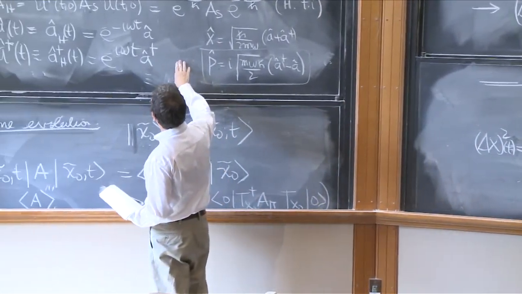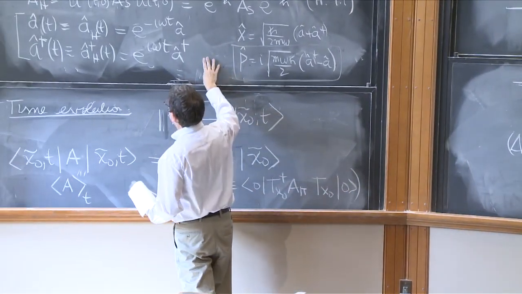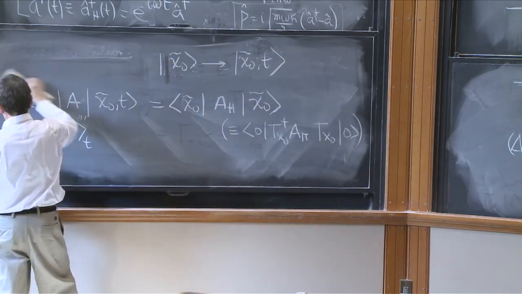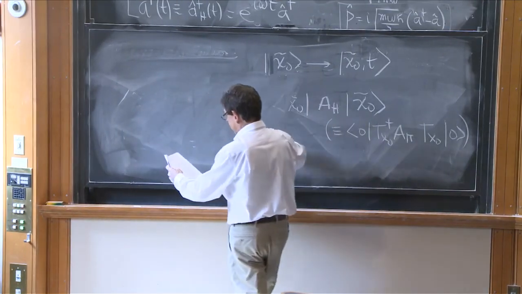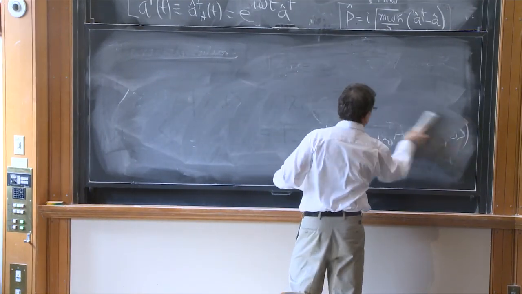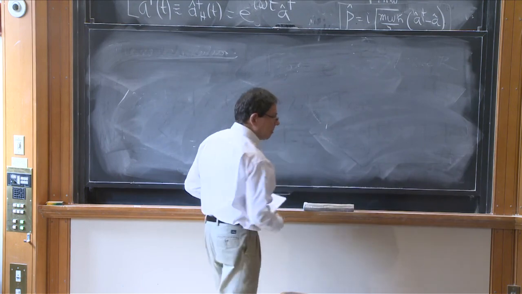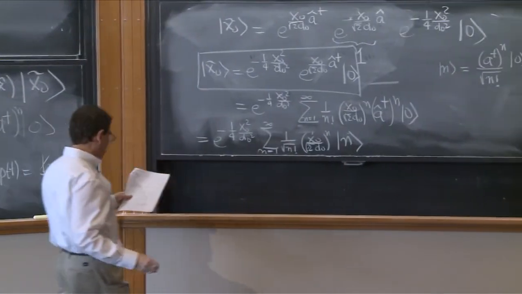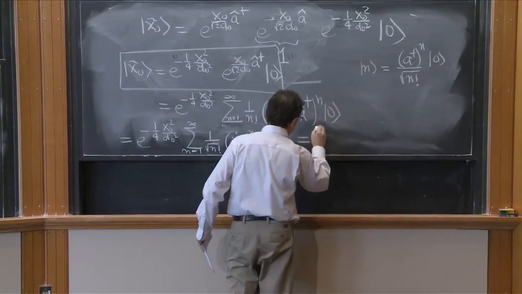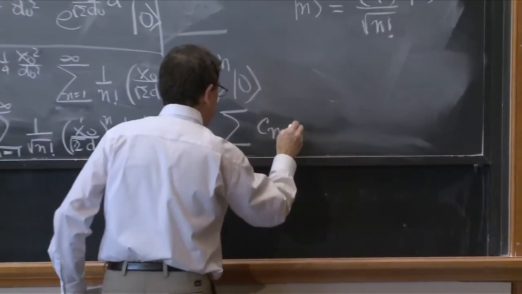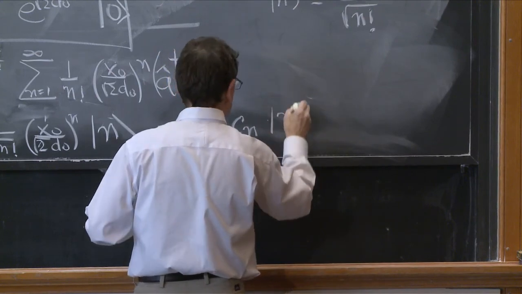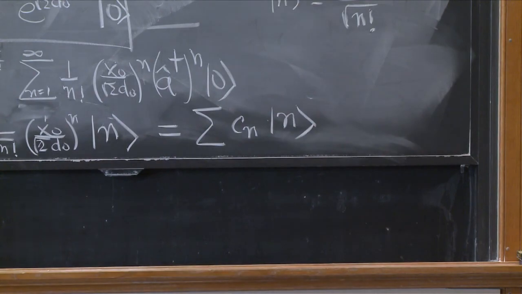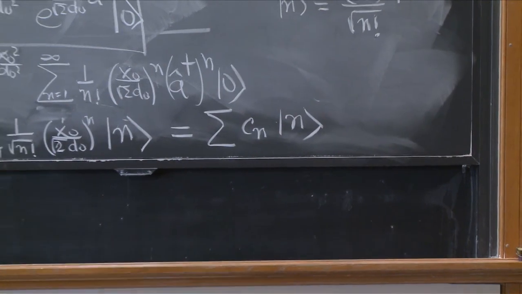Let's write it as follows: Cn, n. Okay, so I got some Cn's and n.